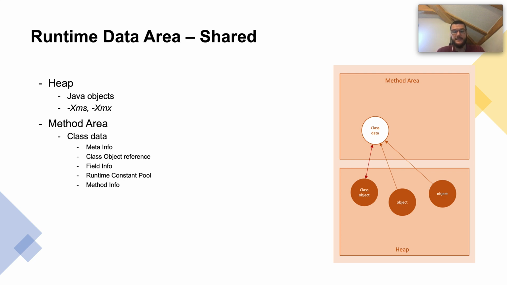Since class data is shared between threads, and it is created when the class is loaded, this means that the whole loading process must be thread safe, of course. In Java 10 we also got something called class data sharing.